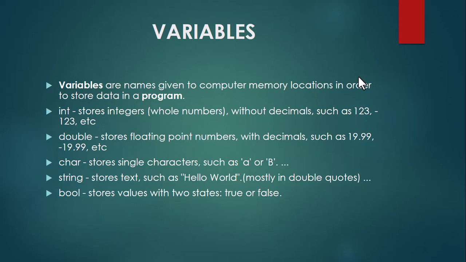Then we have character variables, which store single characters such as A, B, C. And we have string variables, which store text such as hello world. As I said earlier, anything within double quotation marks is a string. And then Boolean variables, which store the two states of true and false.